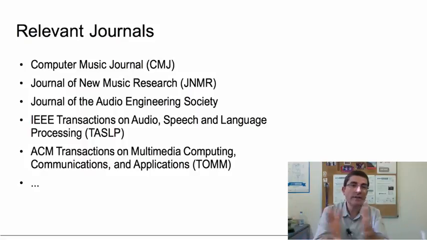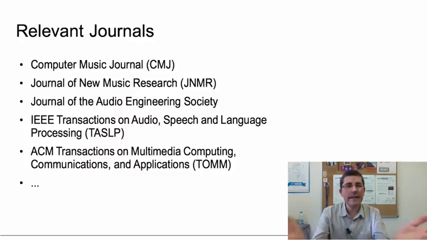The oldest journal in our field, and very well known, is the Computer Music Journal. That's from the 70s, and it emphasized the music aspect of the field, so maybe the traditional computer music view of the field.